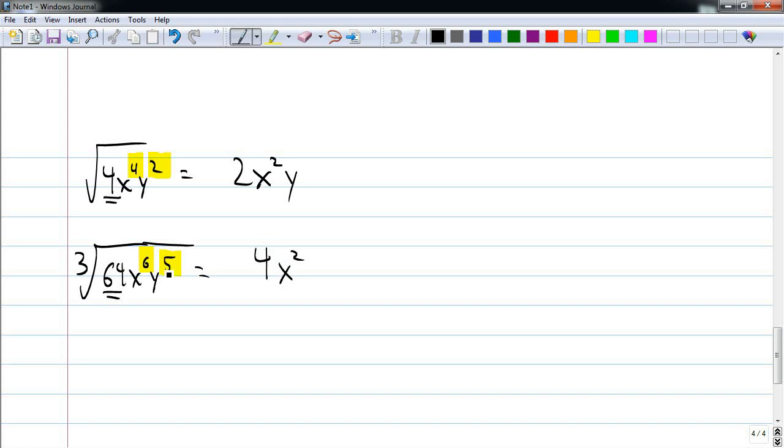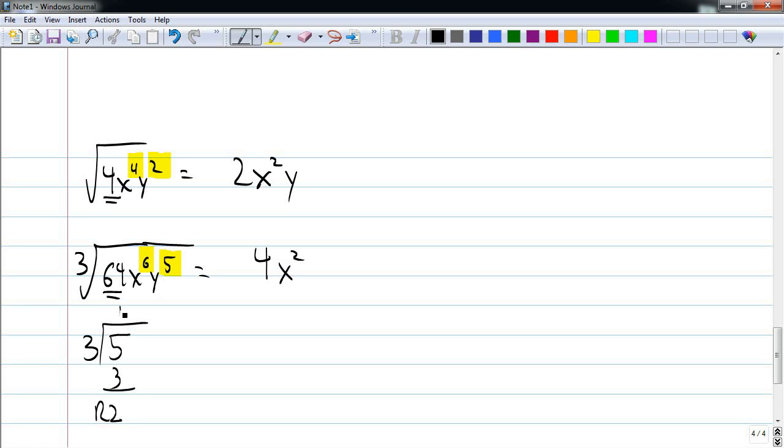Now, with the y here, I have a problem because I can't evenly divide a 3 into 5. So what do I do? I take the quotient of that division. 5 divided with 3 is 1, remainder 2.